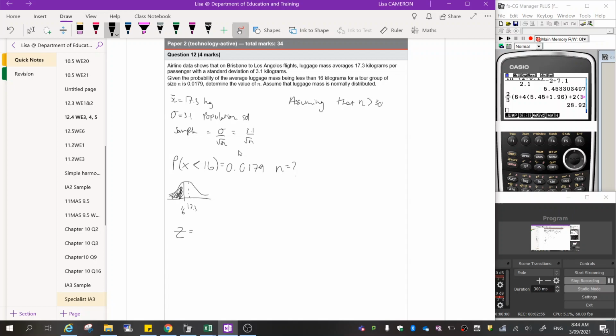So it's asking us how many are in the tour group, which is the number in the sample, not in the population, which means that we're going to be using deviation like this, not like this. So what I'm really talking about here is this formula: the score minus the mean over the deviation, but in this case our deviation is going to be this.